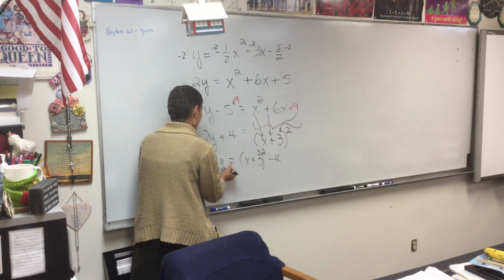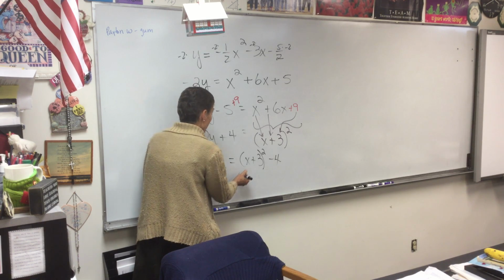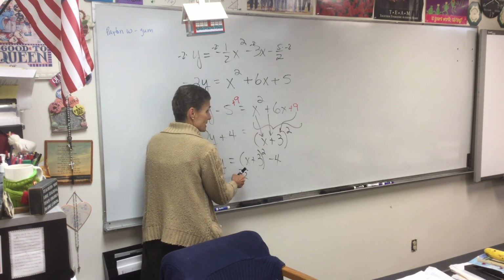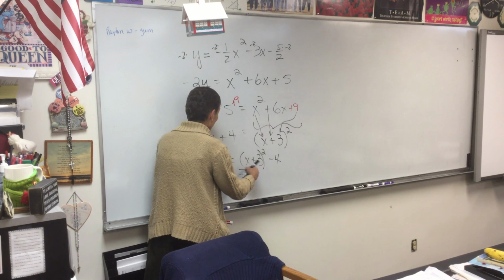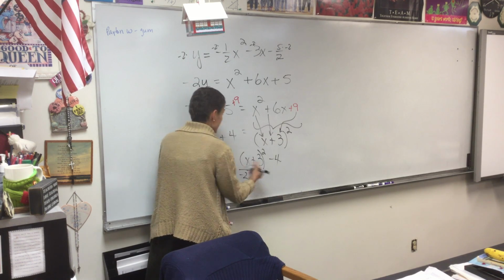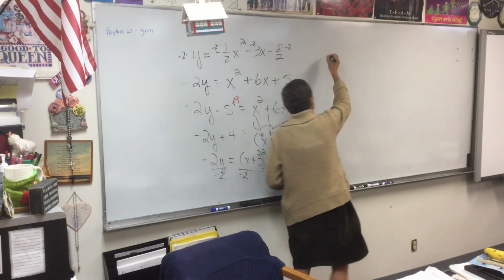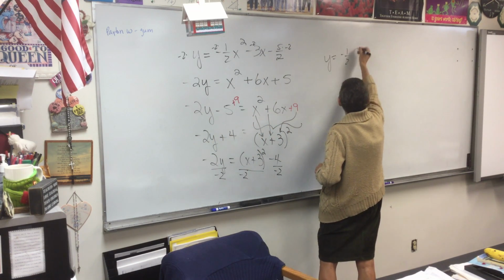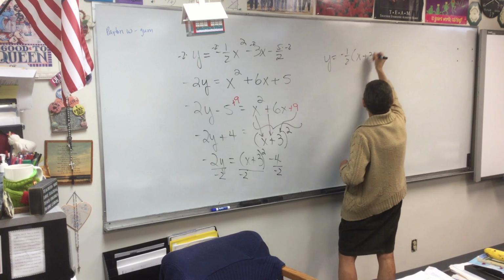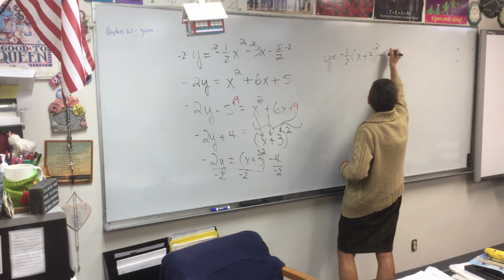When I divide by -2, I divide the parentheses by -2, but not what's in it, right? Just the parentheses. So I end up with y equal to -1/2 (x plus 3) squared plus 2.